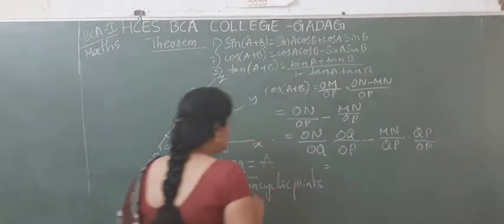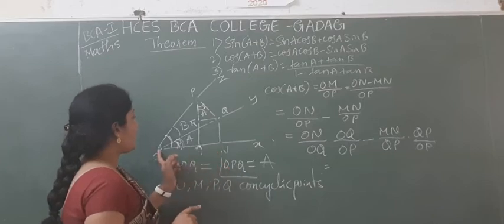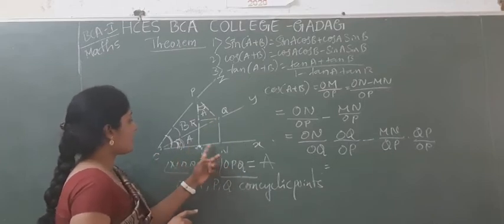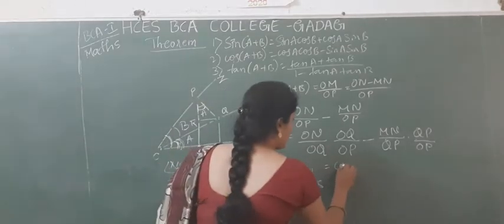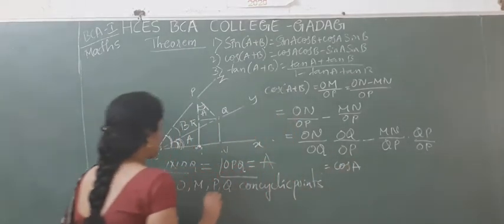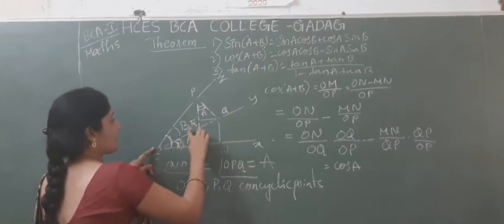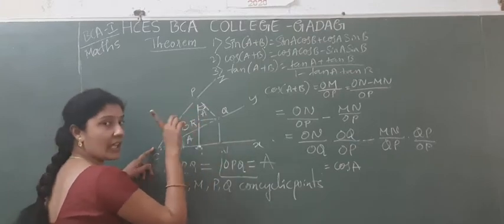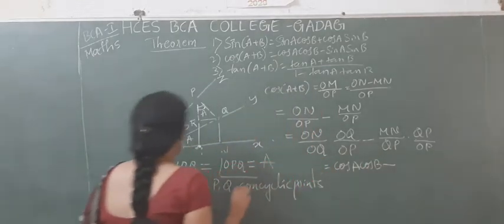So now, what is ON here? See, ON divided by OQ means adjacent divided by hypotenuse, nothing but cos A. So, cos A. Next, OQ divided by OP is also adjacent by hypotenuse of B, hence it is cos B, minus MN.